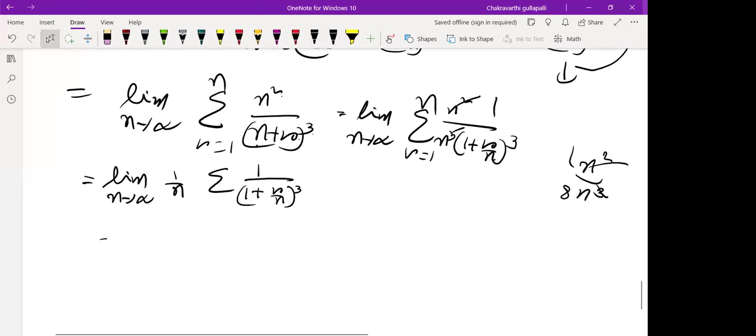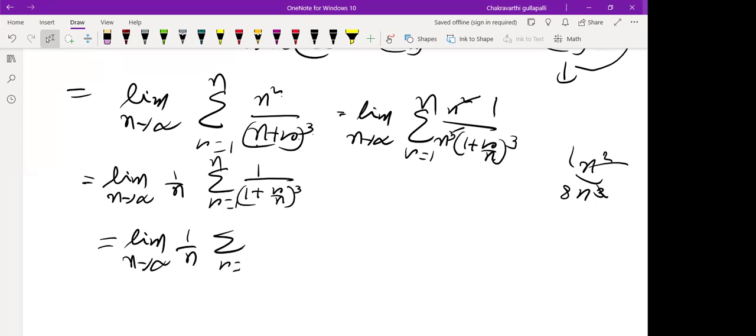So this is summation f of r by n, so this is integral 0 to 1 f(x).